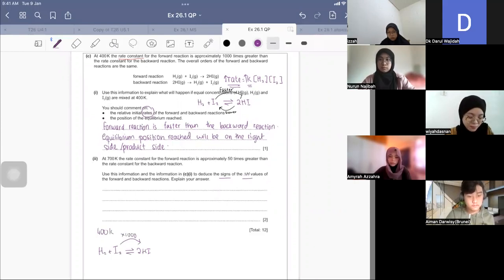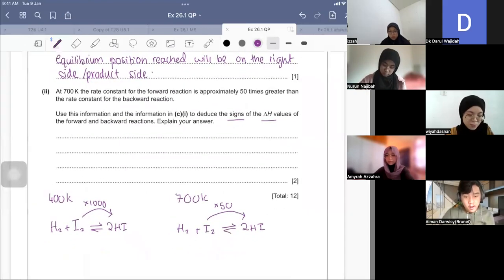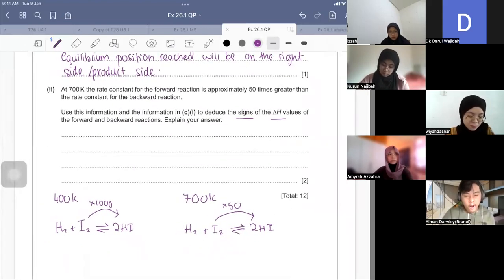And then at 700 K, the forward reaction is now 50 times greater. I know I am comparing it with the backward reaction, but the number decreasing is also saying something. The rate constant is decreasing. And remember, rate is proportional to the rate constant.